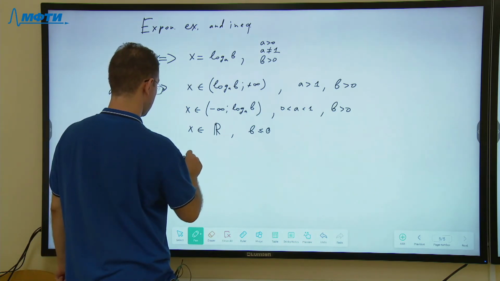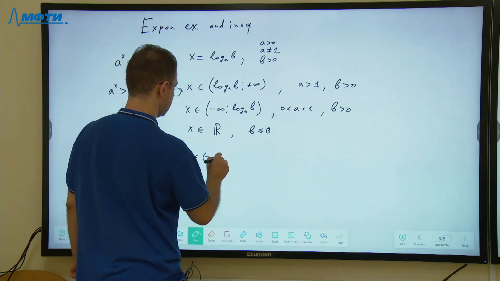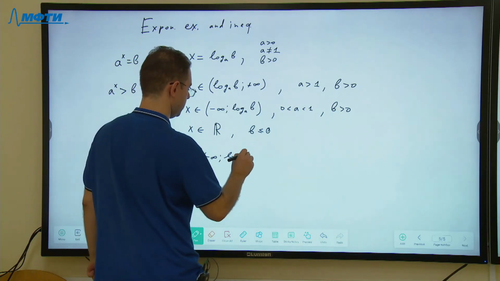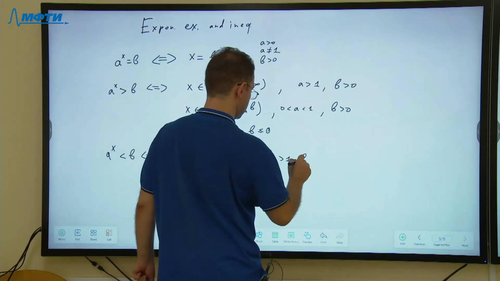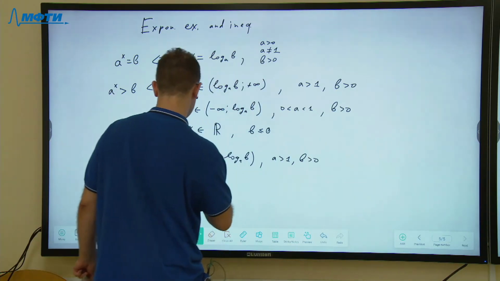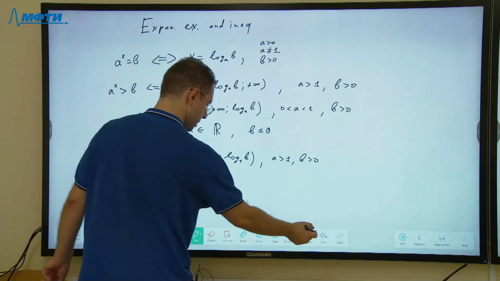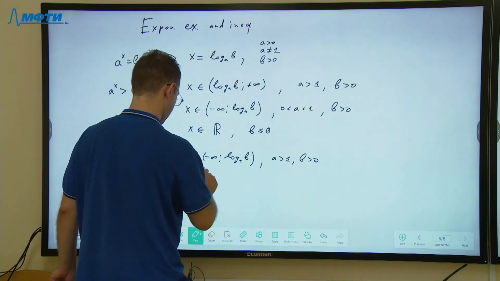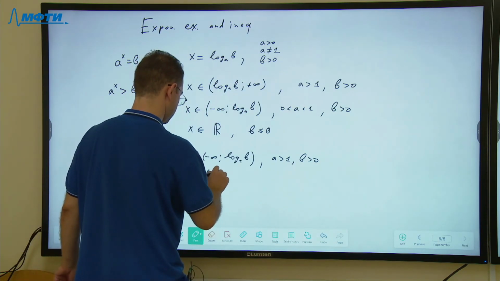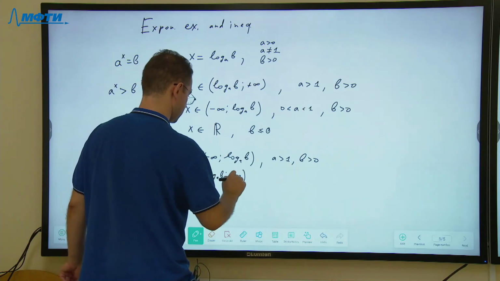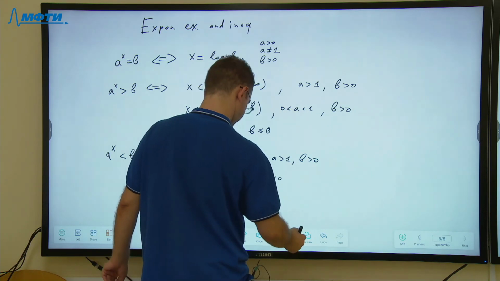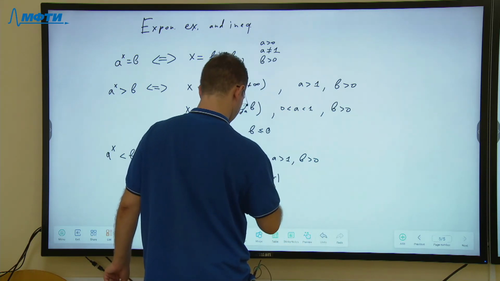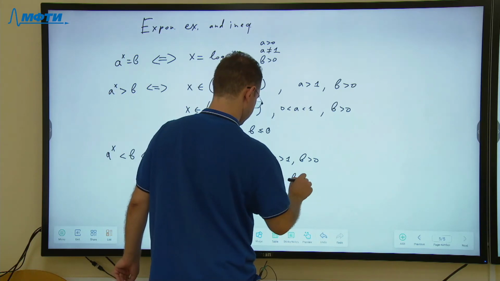So x is from minus infinity to log base a of b, provided that a is greater than 1, b is greater than 0; x is from log base a of b to plus infinity, provided that a is from 1 to 0, b is greater than 0.